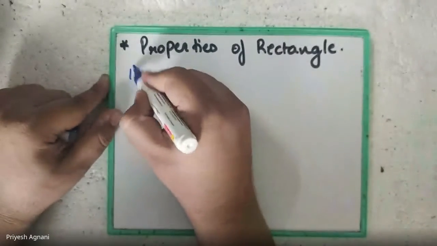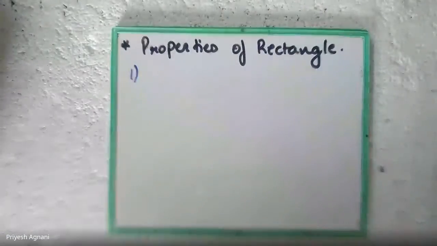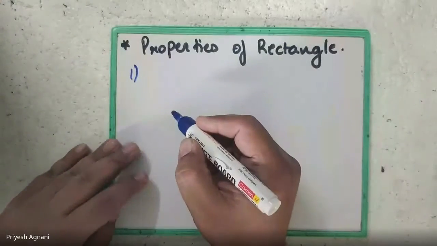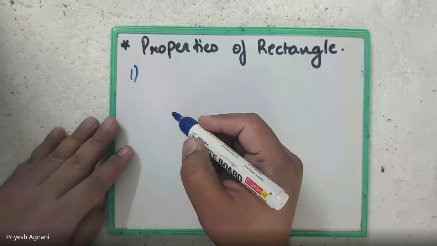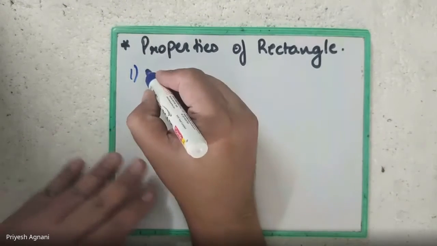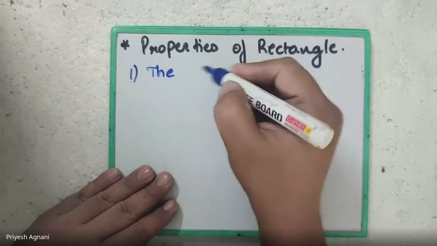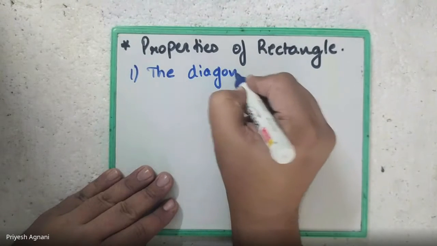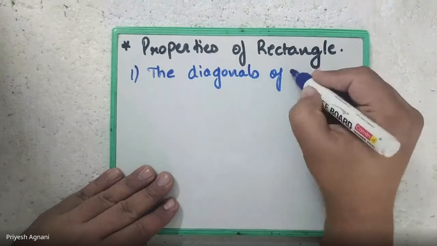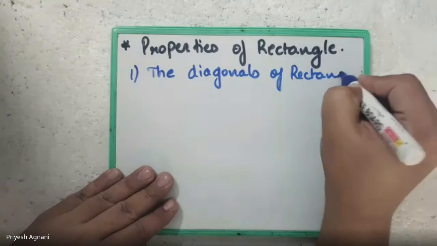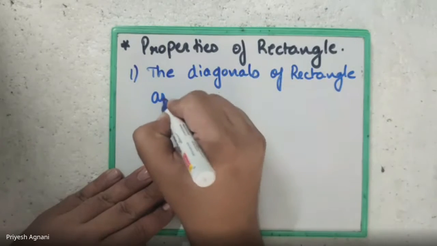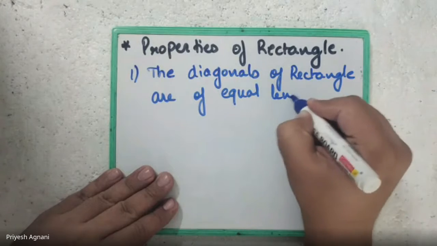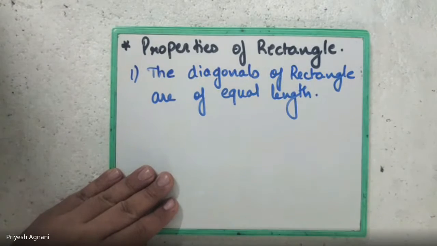The first one, the diagonals of rectangle are of equal length. Please write along with me. The diagonals of rectangle are of equal length. Please write along with me.